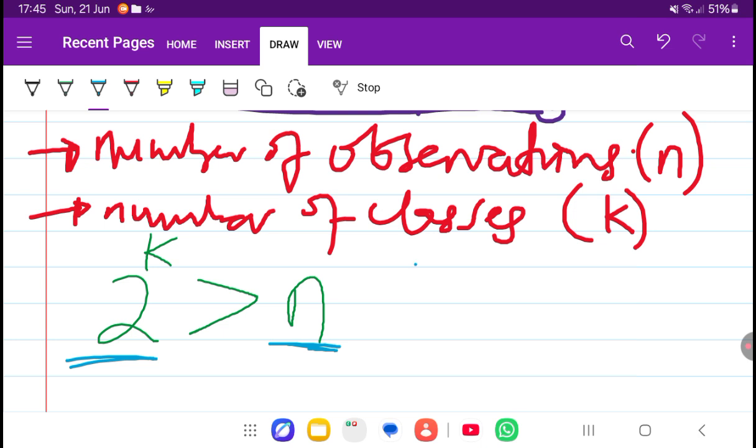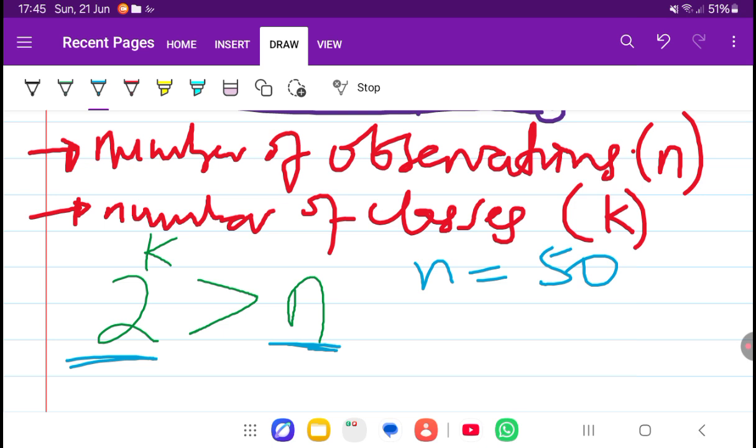For example, if our n was 50 in terms of the number of observations they have given you in the question, and you want to determine how many classes you can have.